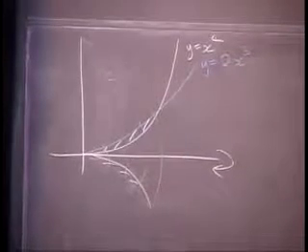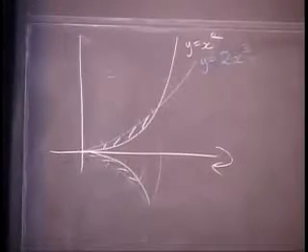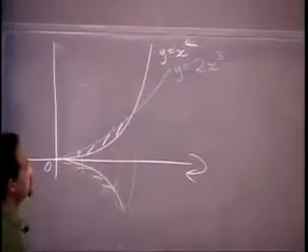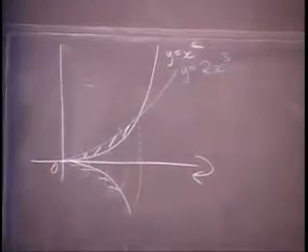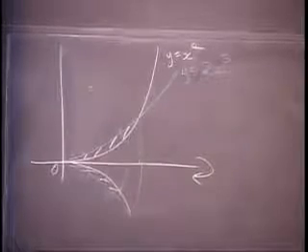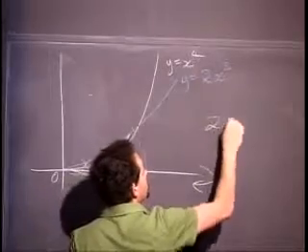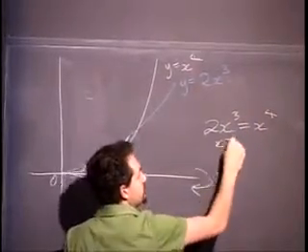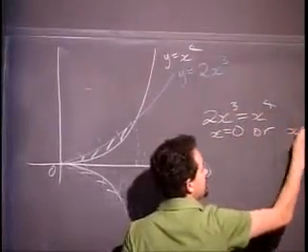Okay, so how are we going to find the volume? Well, first of all, I haven't drawn any intersection points. This is clearly 0. But we're going to have to solve to find this coordinate, at least the x-coordinate, although the y-coordinate wouldn't hurt. So we need to solve, when does 2x cubed equal x to the 4th? x is 0, or if it's not 0, we can divide by x cubed, and you just get x equals 2.